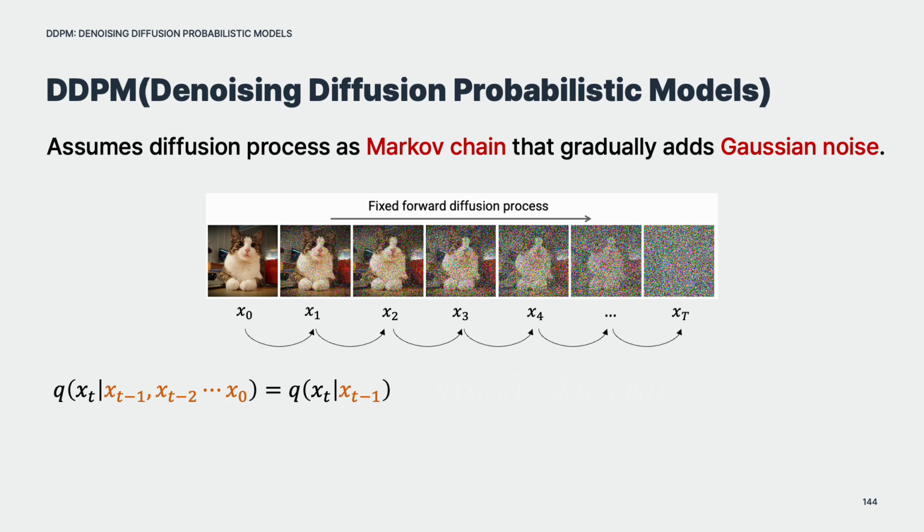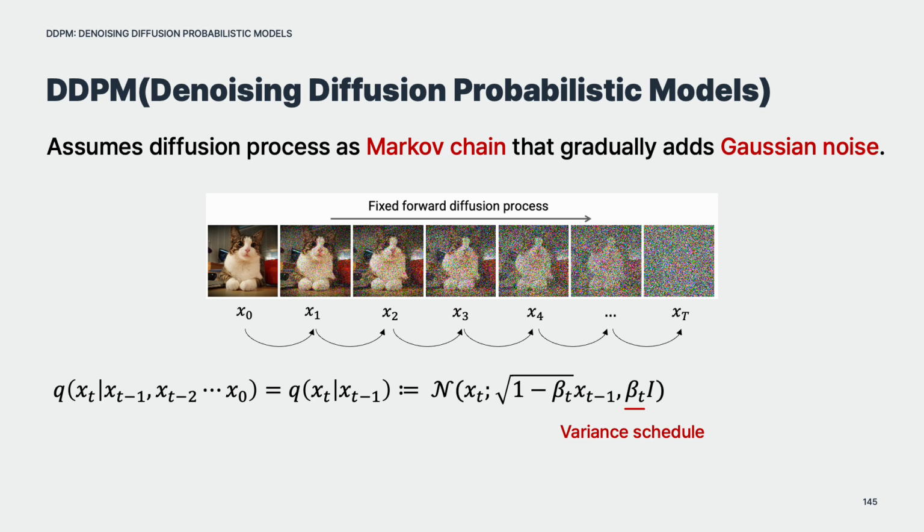As shown in the equation below, the Markov assumption states that the latent at any time step t depends only on the latent from the previous step t-1, meaning each step is conditionally independent of all earlier steps given the immediate previous one. DDPM assumes that the transition from one step to the next follows a Gaussian distribution.